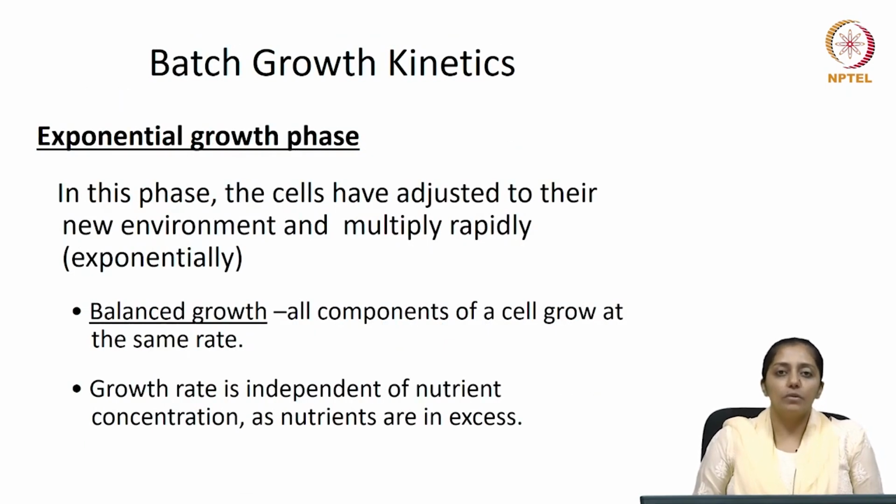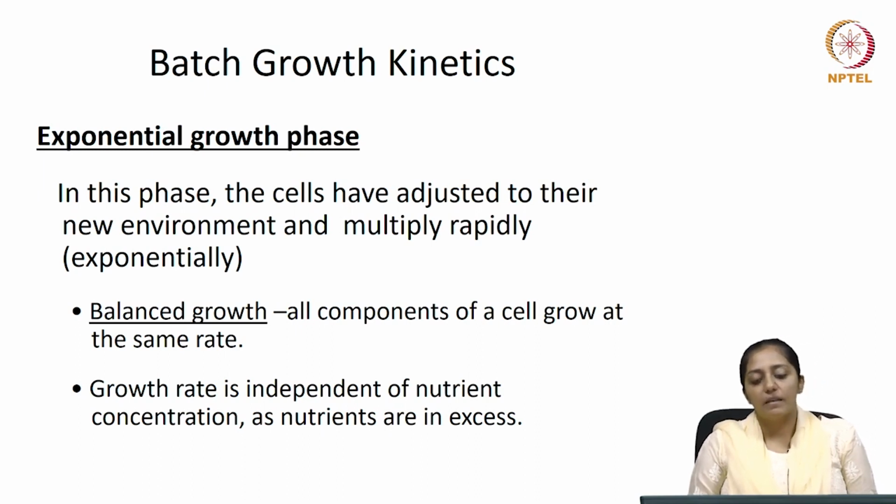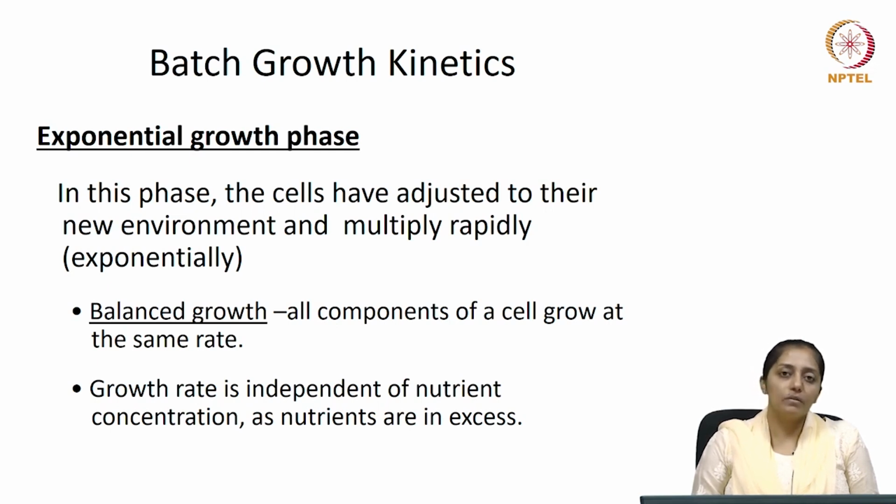Then the exponential growth. One key phase is your lag phase, another key phase in the batch growth curve is your exponential growth phase. In this phase, the cells have adjusted to their new environment and they start multiplying rapidly, or exponentially. Here is when we can assume balanced growth. You remember balanced growth? Balanced growth means all components of the cell are growing at the same rate as the cell number or the cell mass.